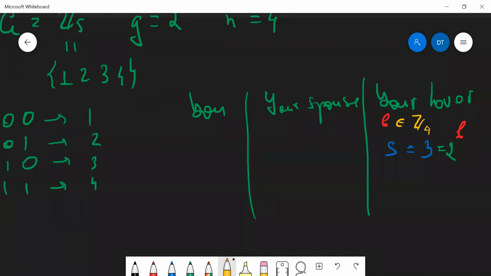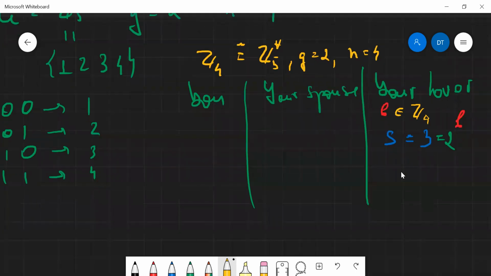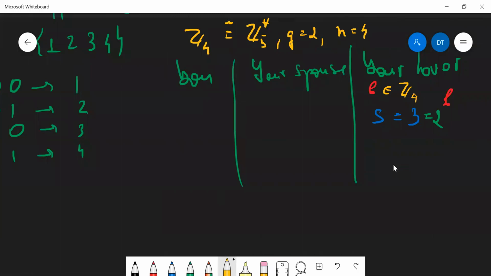So just in case, we have our group Z5 star, the generator G is 2 and the order is 4. Since Z5 star is isomorphic to Z4, we choose an element B from this group, and we raise the generator to the corresponding power, and this is the public key. So we know this public key. Everyone knows it.